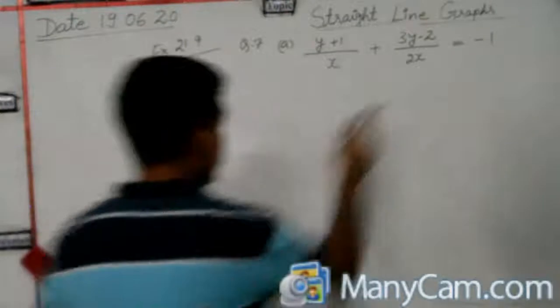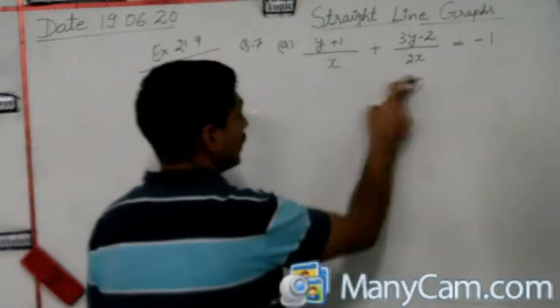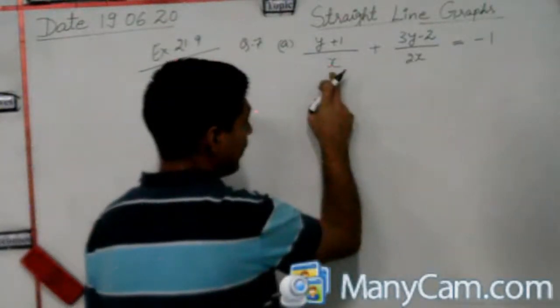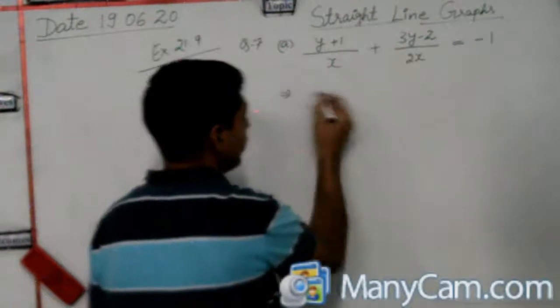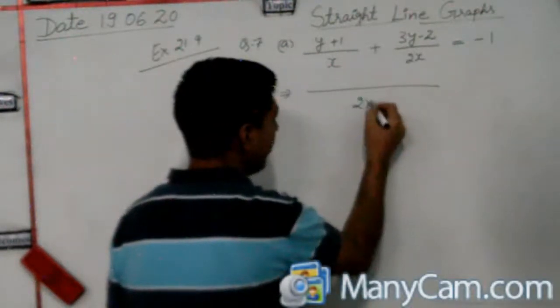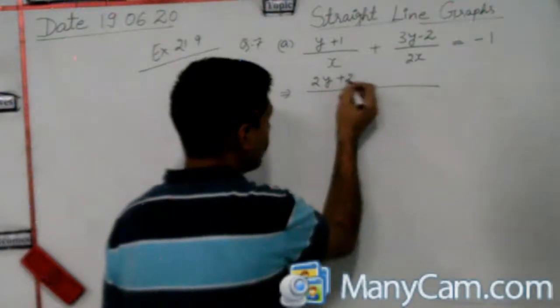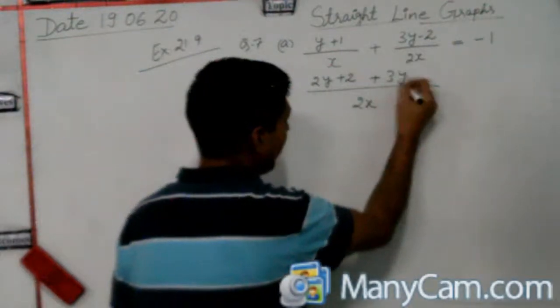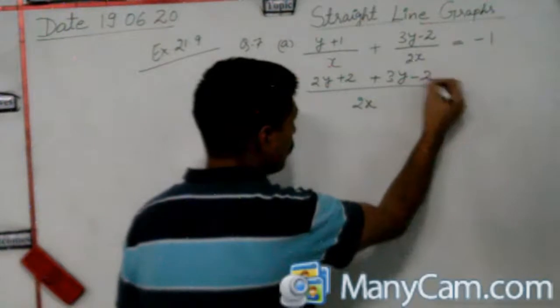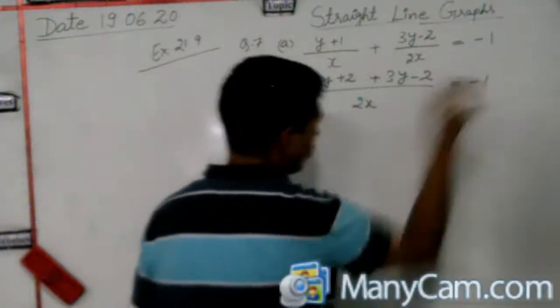So here we go for the LCM, which is twice of x. So here it is 2y plus 2, and we have 3y minus 2 is equal to minus 1.